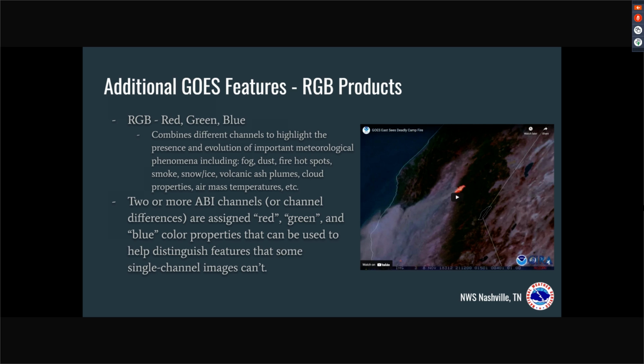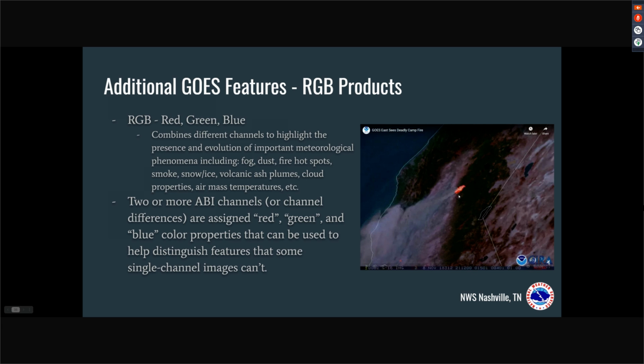So things like fog, dust, this is utilized a lot in fire weather, snow and ice, and also air mass. We're able to get all this information just from assigning values to a red color, a green color, or a blue color. A lot of times we'll use 2 or more bands, and then sometimes we'll subtract them, sometimes we'll just compare them, but we're able to get a different image here.